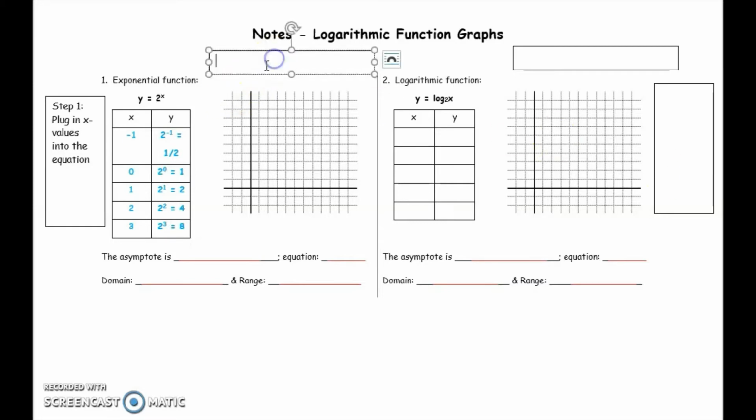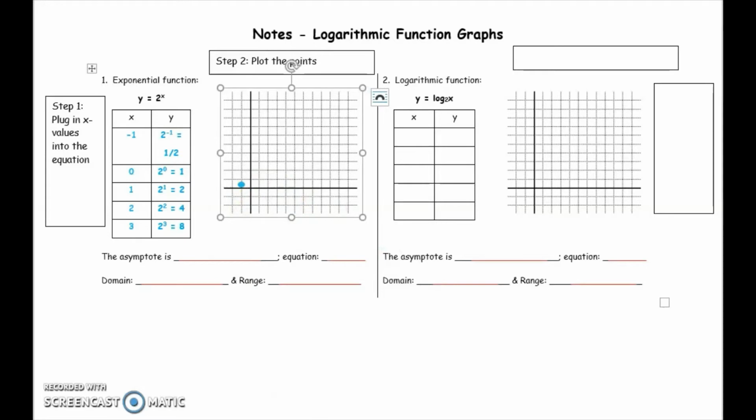Once you have these coordinates, then you're going to do step 2, which is plot them. Plot these points. So we're going to go over negative 1, up 1/2. Bear with me, kids.